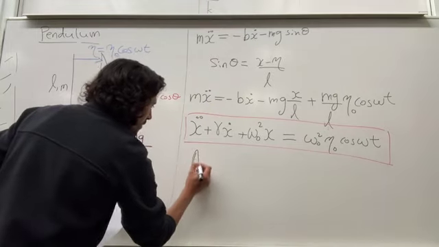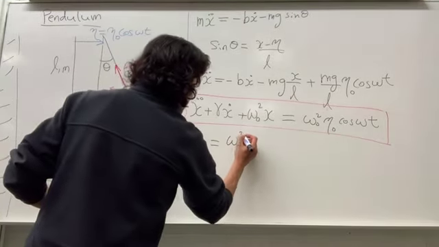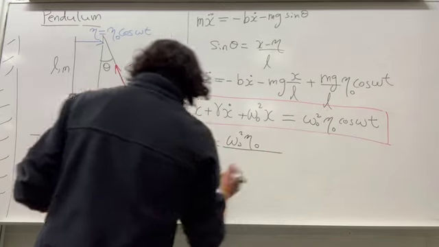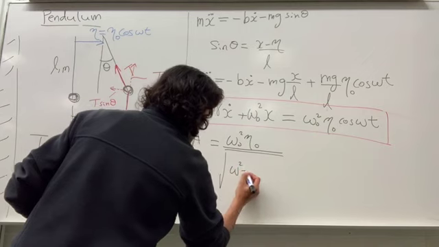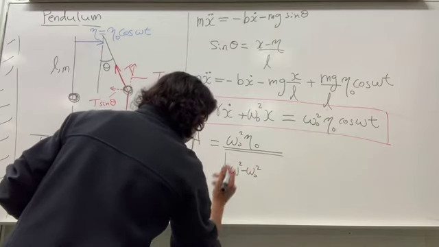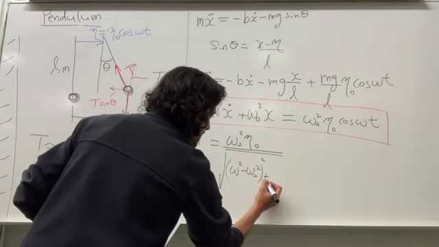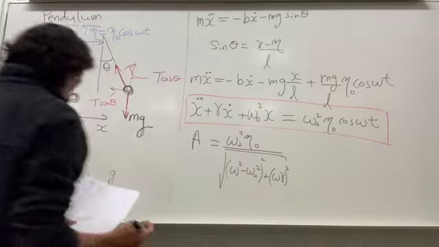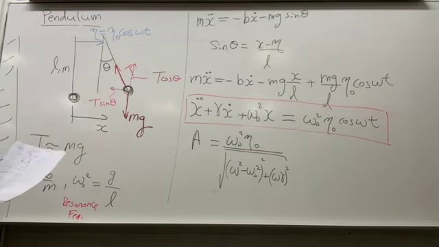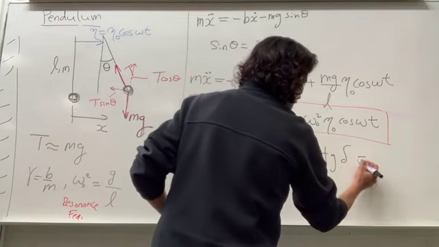I can write now A is omega 0 squared eta 0 over the square root of (omega 0 squared minus omega squared) everything squared, plus omega gamma squared, and tangent delta is as before.